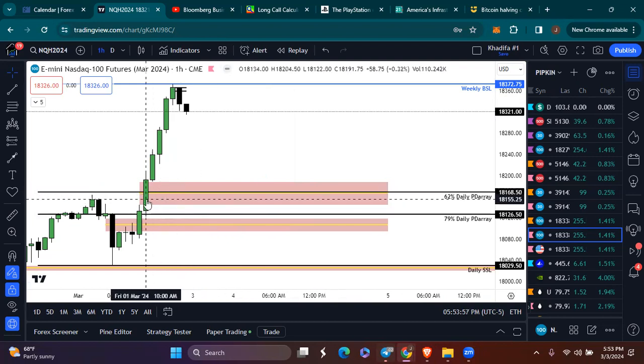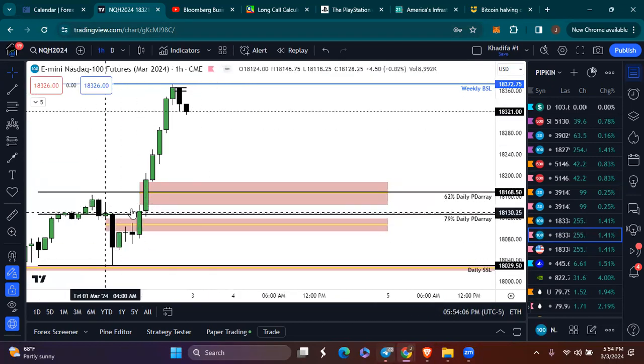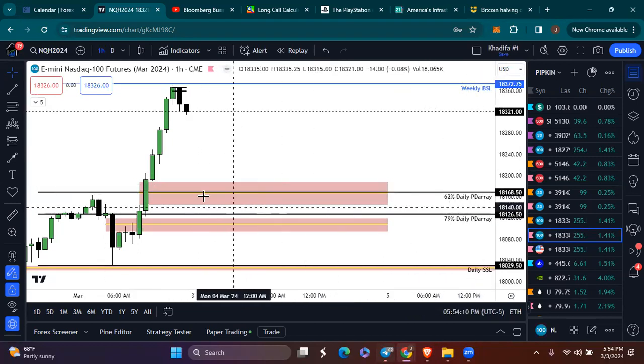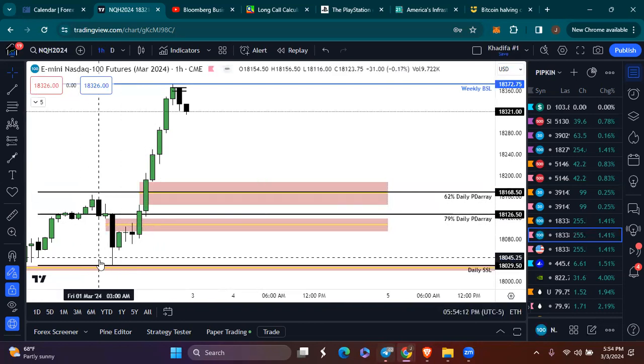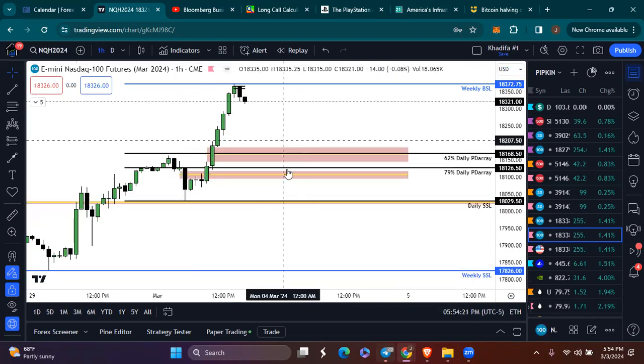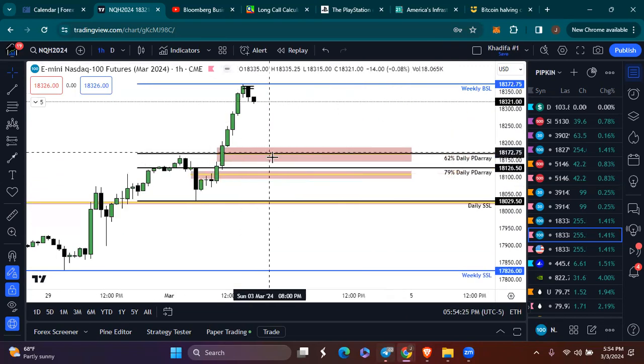Our hourly fair value gap lines up with this breaker block, low, high, lower low, higher high, right? And so we've got the 62% PD array, hourly fair value gap, and a breaker block. There's three confirmations or confluences or whatever you want to call it, and it's in line with the overall trend, which is bullish.